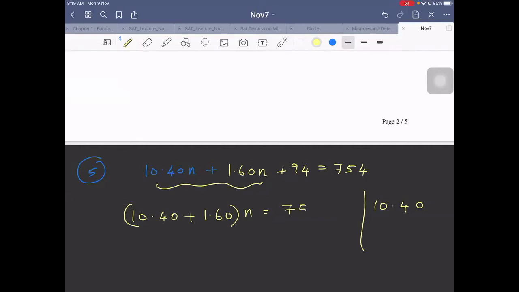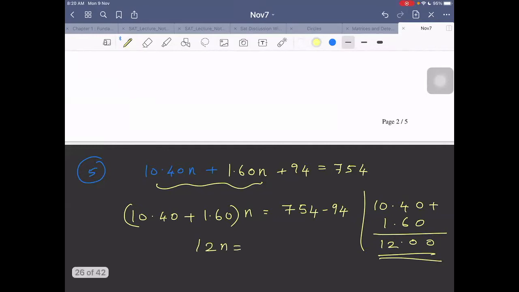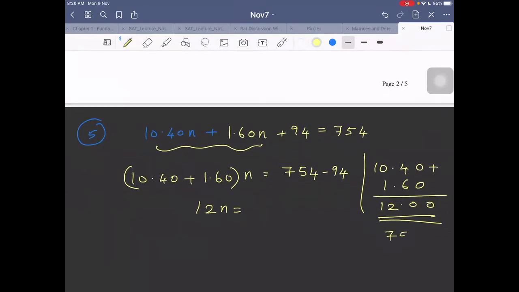We have 754 minus 94. And 10.40 plus 1.60 will be 12. So 12n is equal to 754 minus 94.